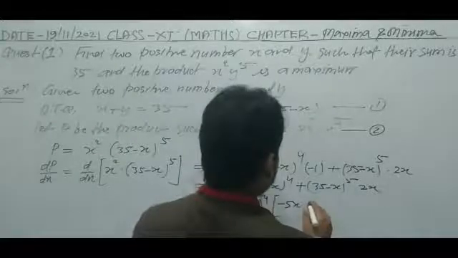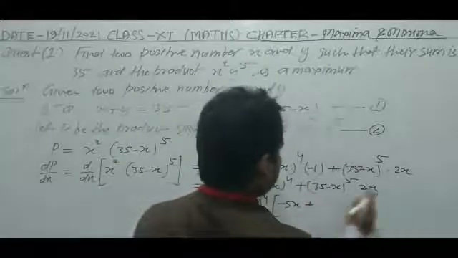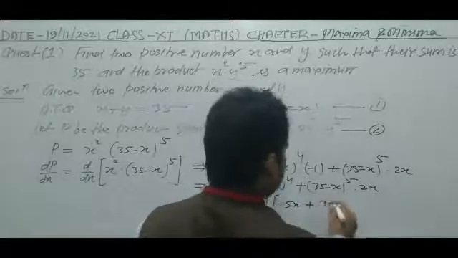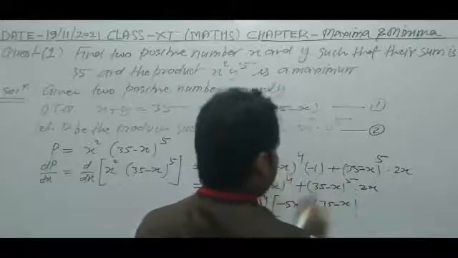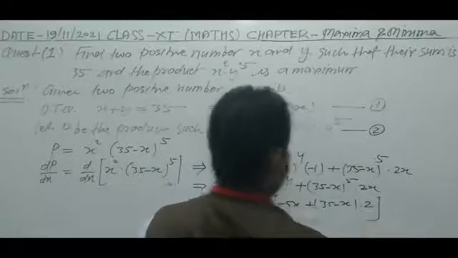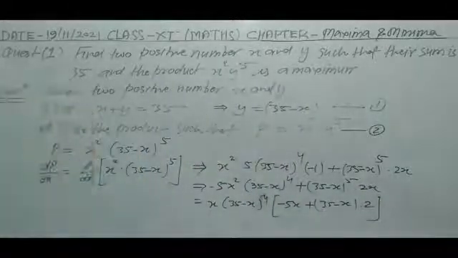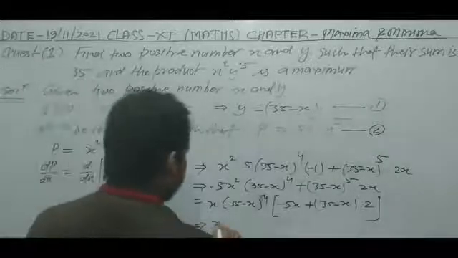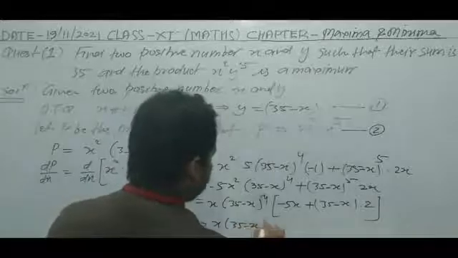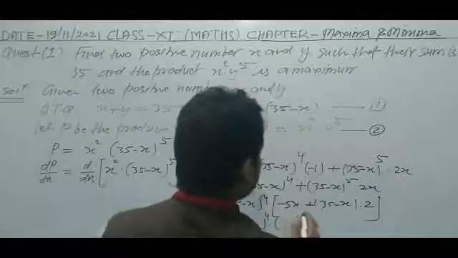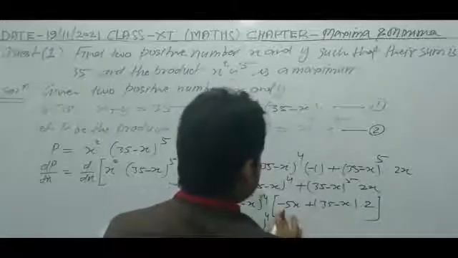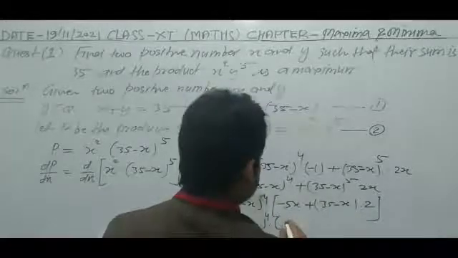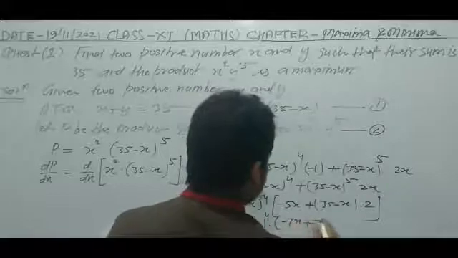The power 4 is outside the bracket. Now x is outside, so (35 minus x) power 1 into 2. Now this calculation will be x times (35 minus x) power 4 into minus 5x minus 2x, that is minus 7x plus 70.